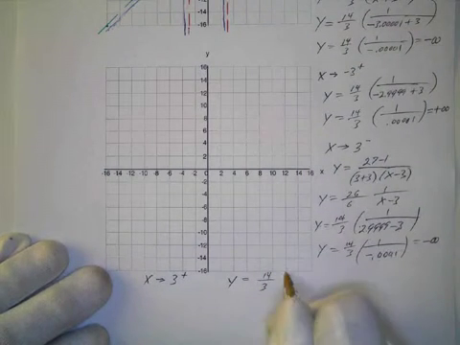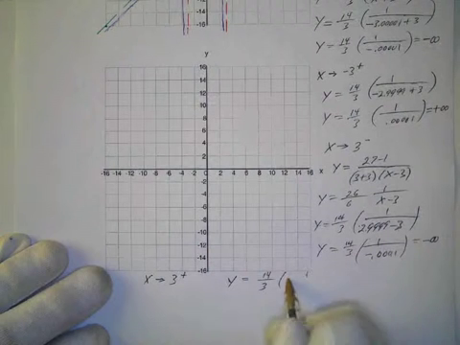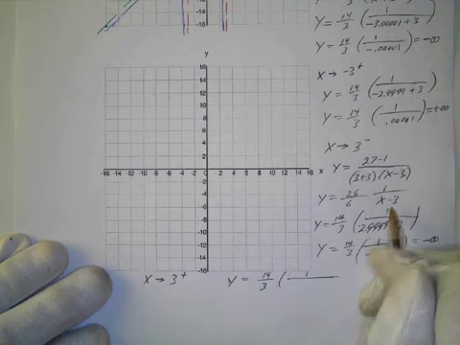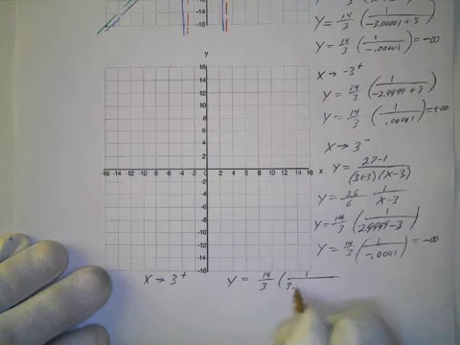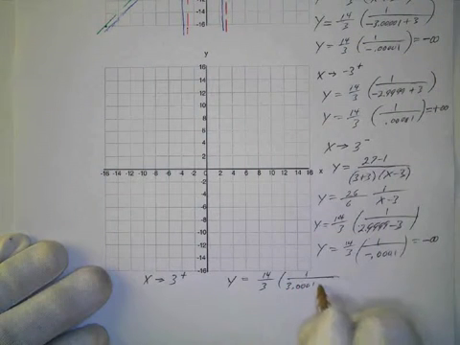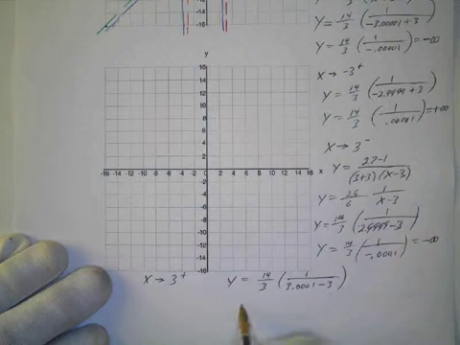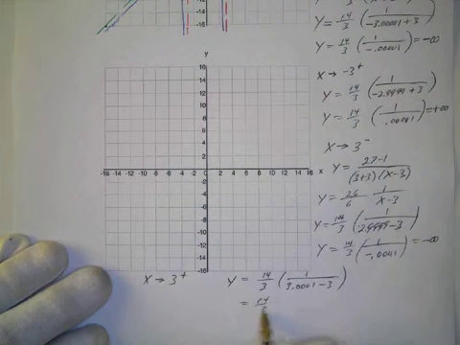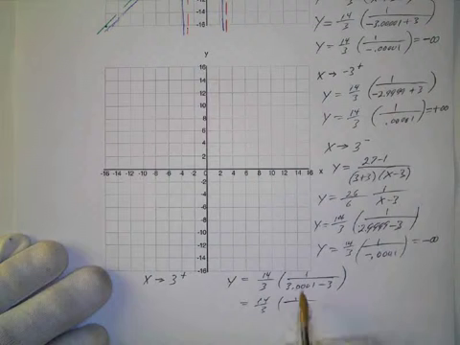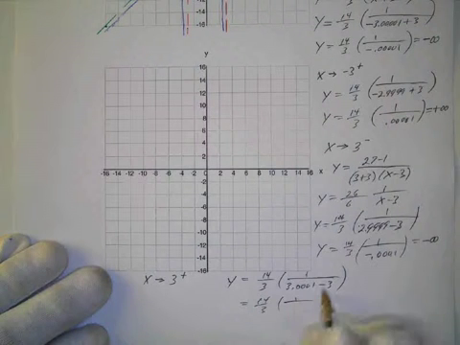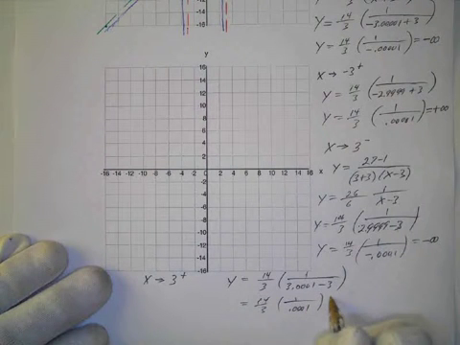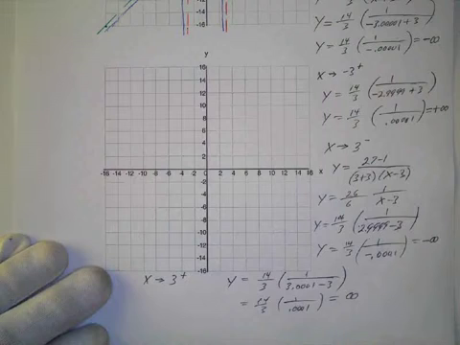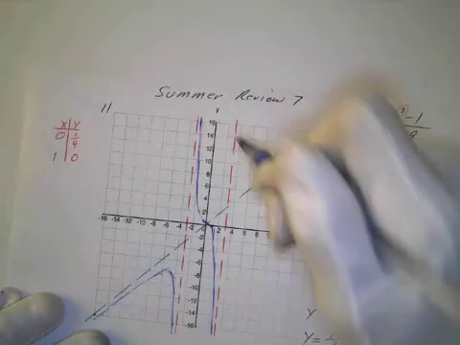And then times 1 over, and x is going to be from the positive direction, so it'll be 3.0001 minus 3, and that's going to be equal to, like I said, that's not necessary, and 1 over, and this is larger than that, so it's going to be positive 0.0001, and that's going to be approaching infinity. So we're up at the top, so we're going to look like this.